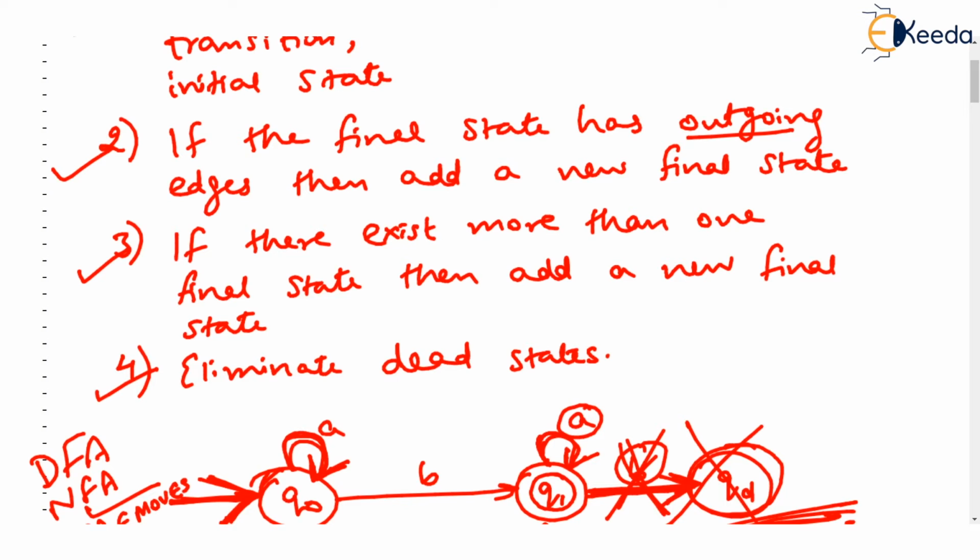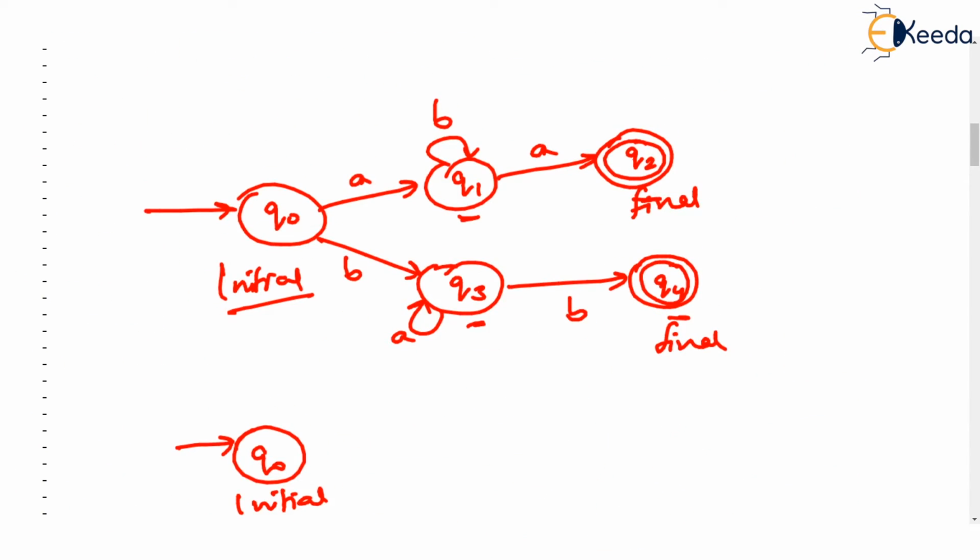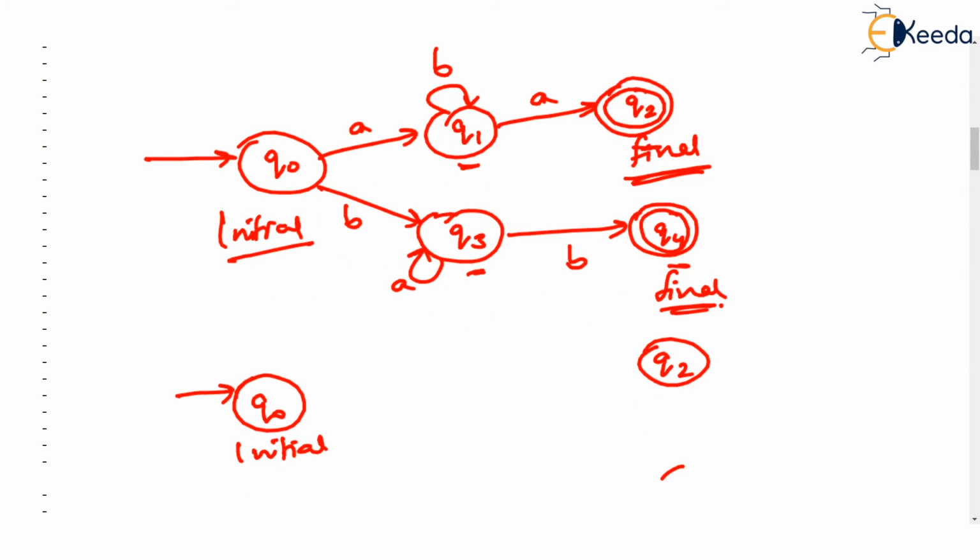Now just check the FA given over here. There are two final states. So we simply make Q2 and Q4 non-final states. They were originally the final states. And we add a new state Q5, which will be the new final state, with epsilon transitions from Q2 and Q4.